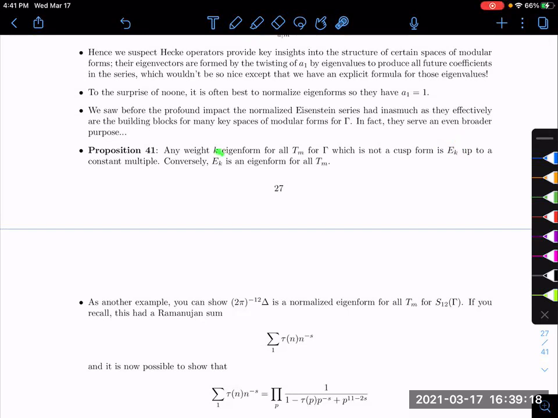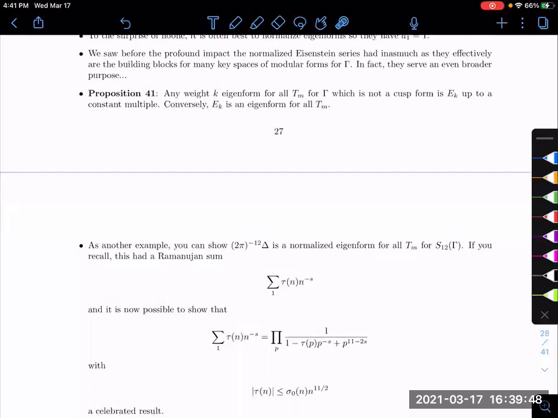And conversely, every single normalized Eisenstein series is an eigenform for all T_m. So not only do eigenforms exist for all T_m, but we can completely characterize them as constant multiples of the normalized Eisenstein series E_k, where one direction requires that you're not a cusp form, but that's not a big deal. The point is they exist and we understand them very well.